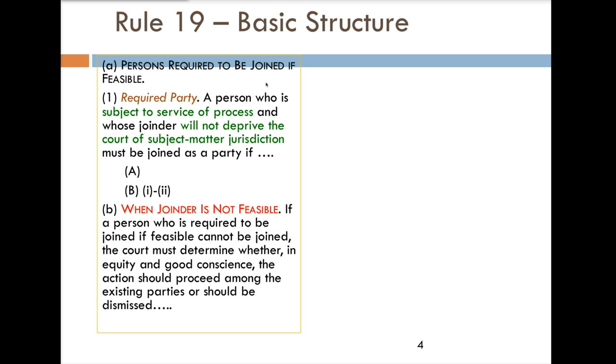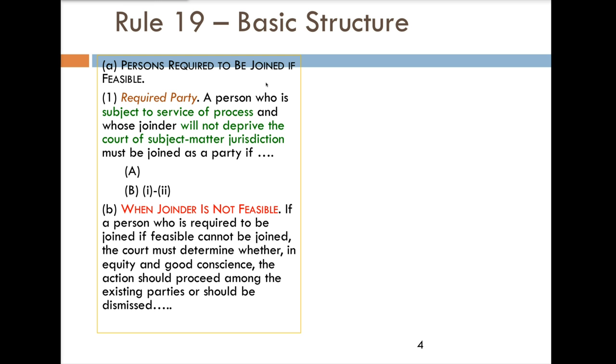So only if you can't join them do you then evaluate whether you should either continue without them or dismiss the entire case, which you should know by now is a very harsh remedy.